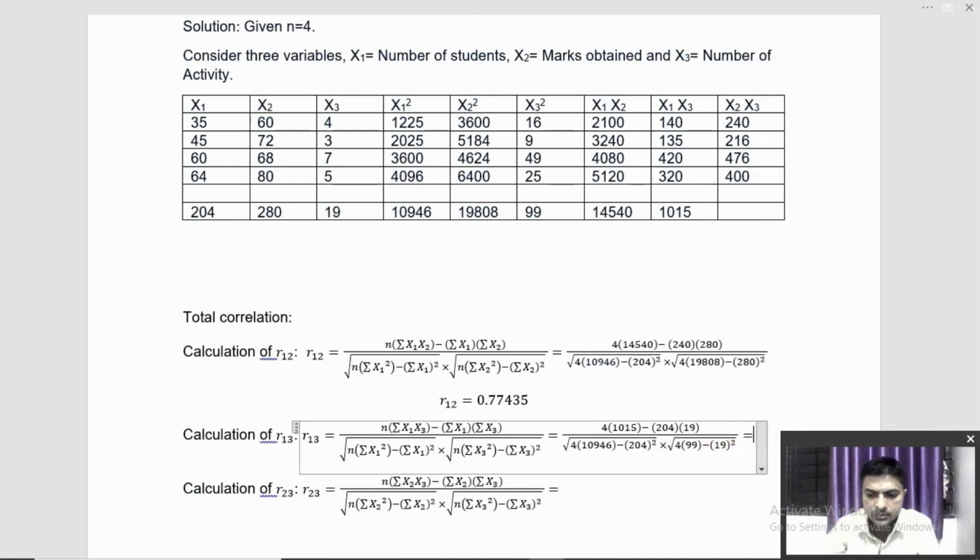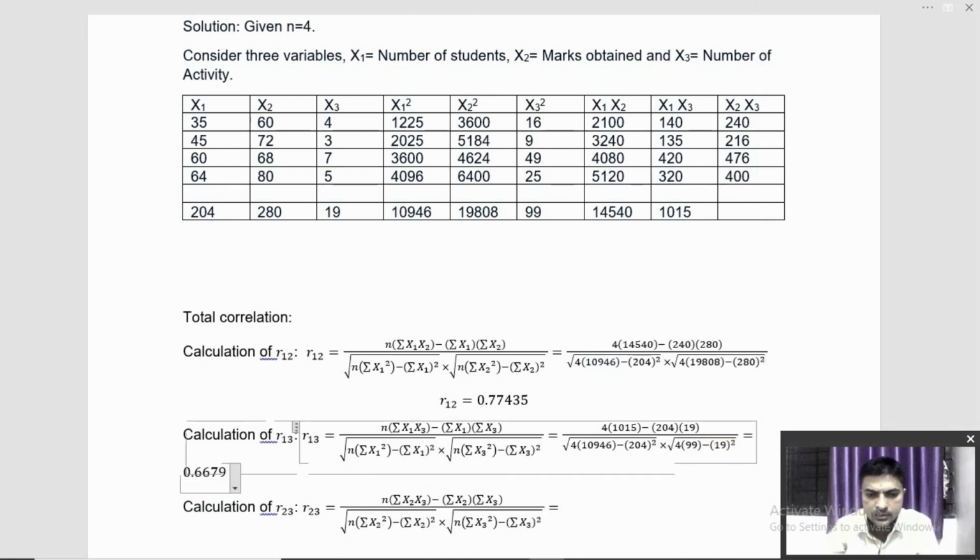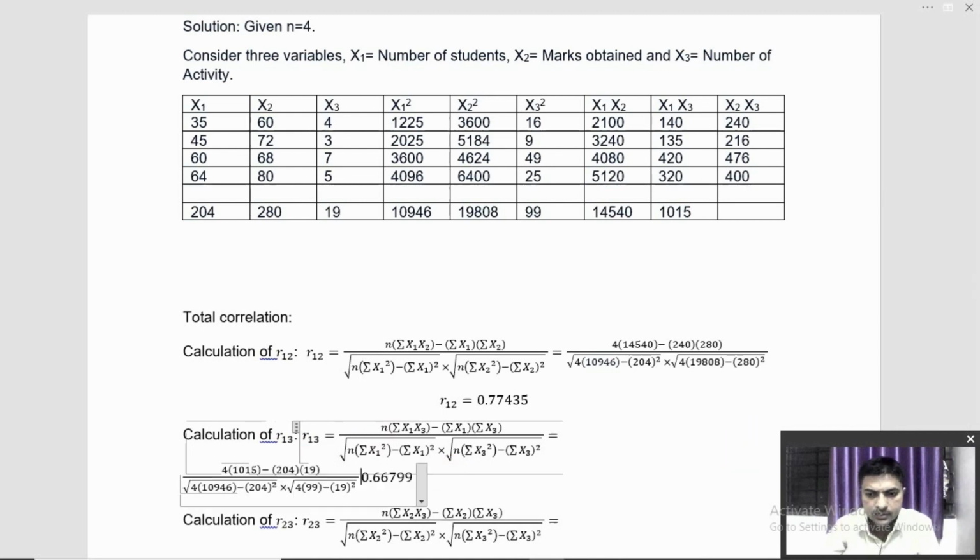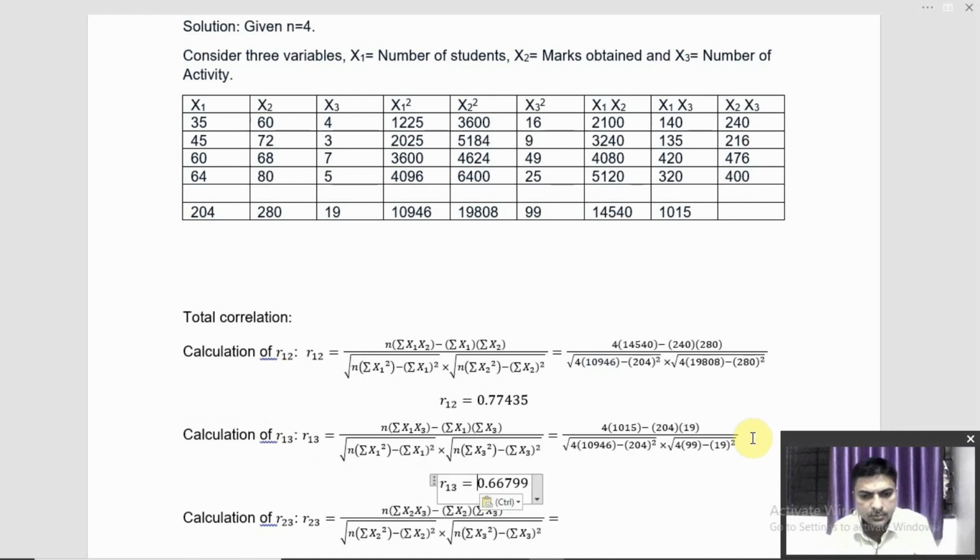So I get 0.6679 as the answer, R13. So directly we get the answers like this. Don't waste time simplifying or calculating the value, the answers are correct. So like this we get R12 and R13.